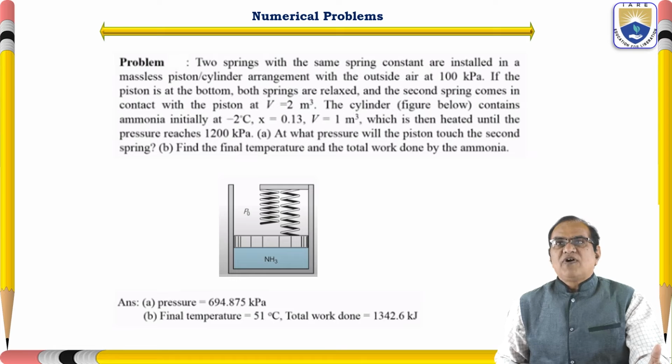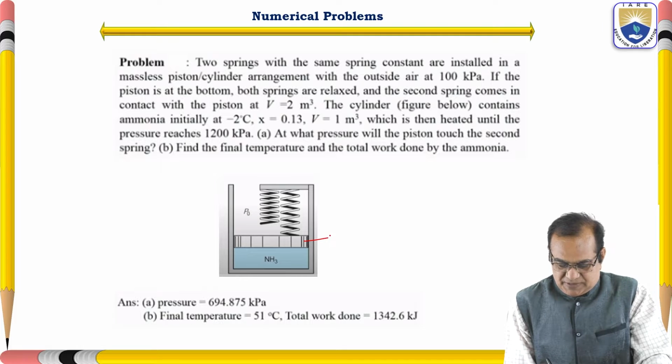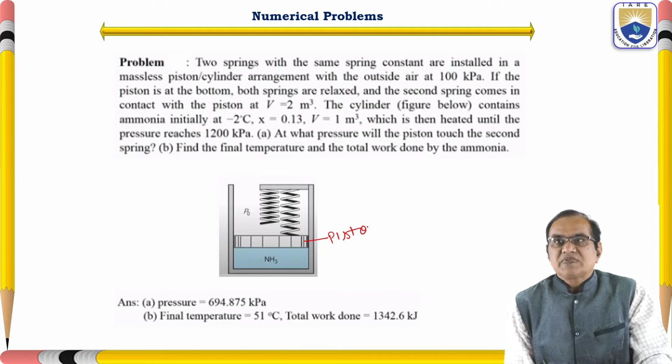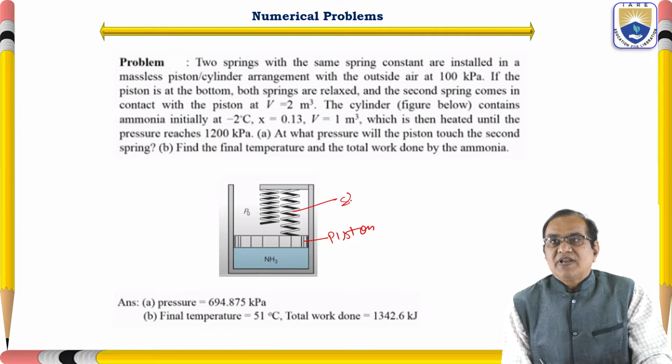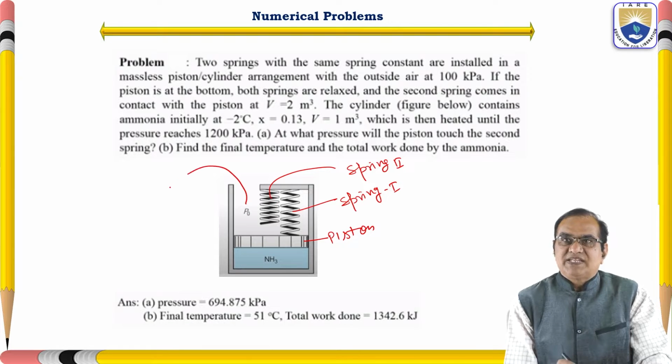So I will go for today's problem, and here, as I told you, we have the single piston. This is the piston here, and this is spring 1, and this is spring 2. So we have the double spring, single piston, and here P0 is the atmospheric pressure.